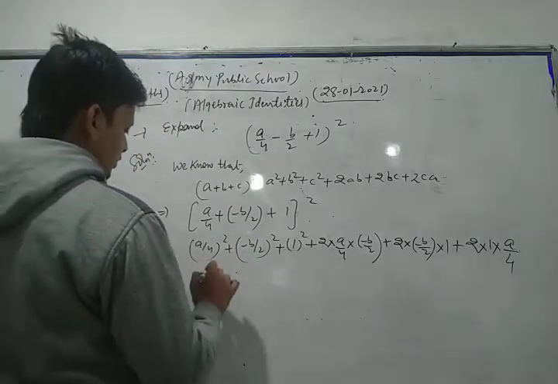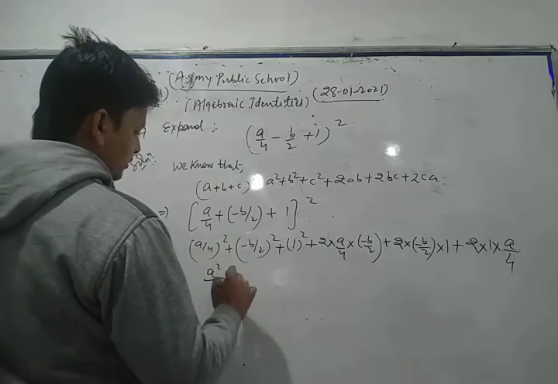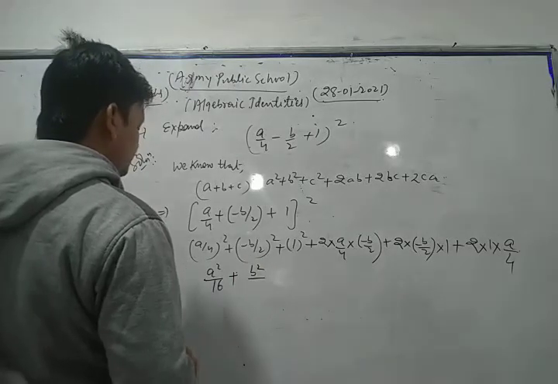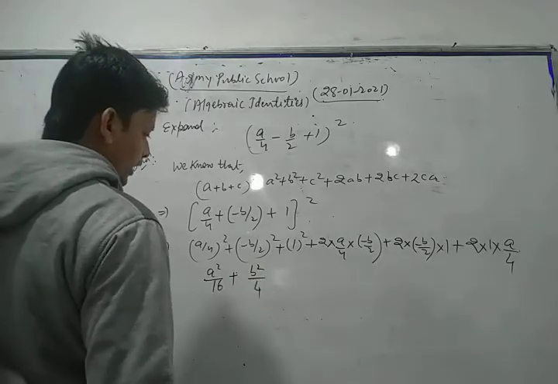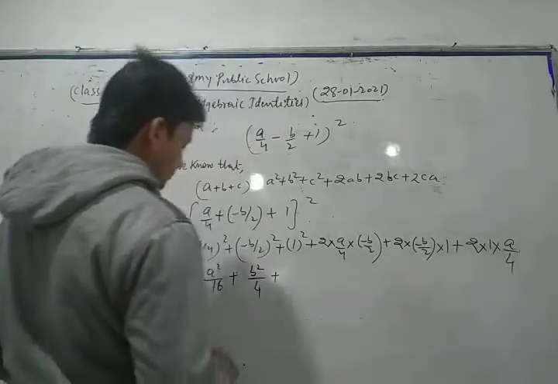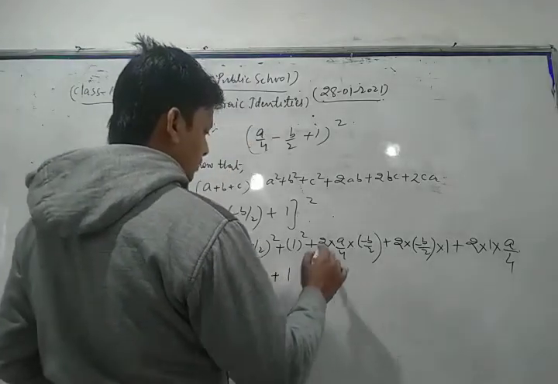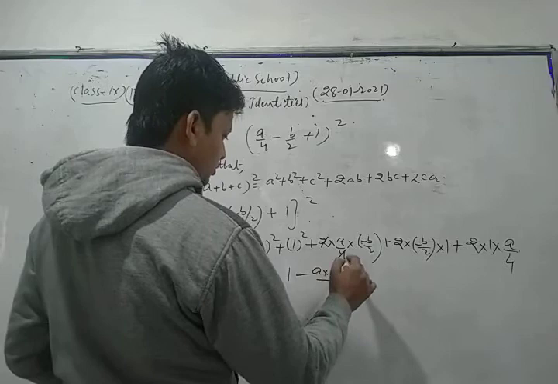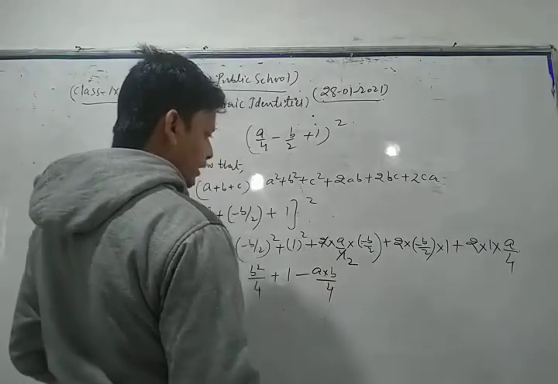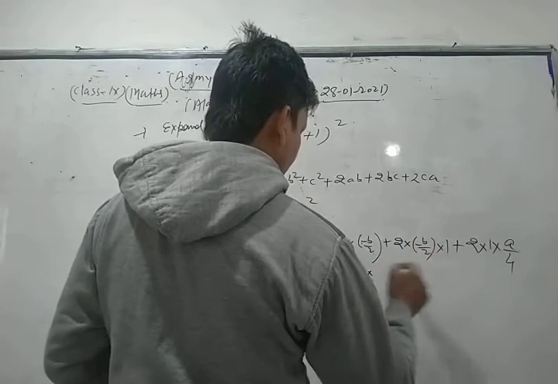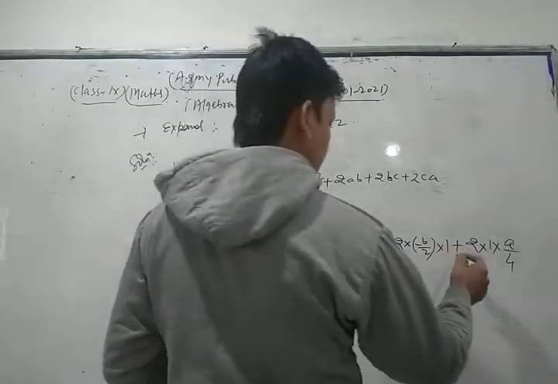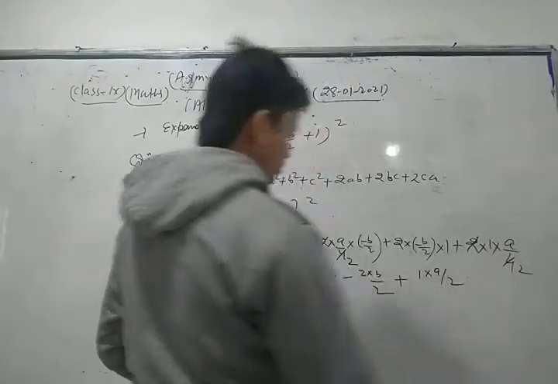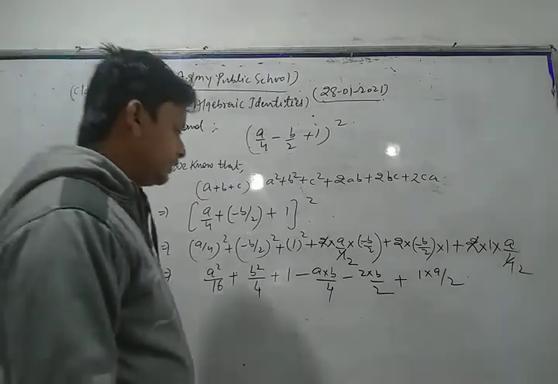This is a square by 4 square, that is 16, plus the square of minus converted into plus, so that is b square by 2 square, that is 4, plus 1. Then minus, minus, 2 square, that is 4, a into b upon 4. Now plus minus minus 2 into b into 1 upon 2. Now this is plus, 2 into 1 into a by 4, that is a by 2. So first of all we simplify them. Now we write the correct way.